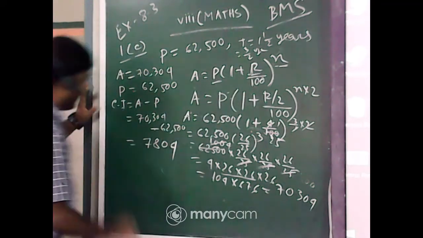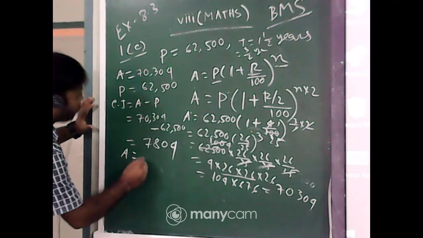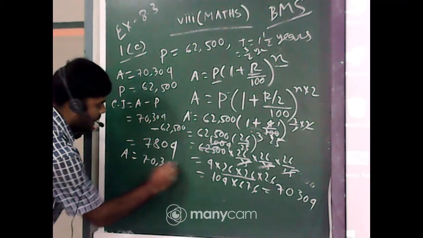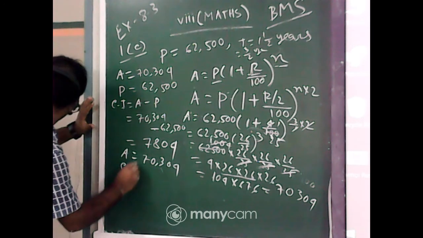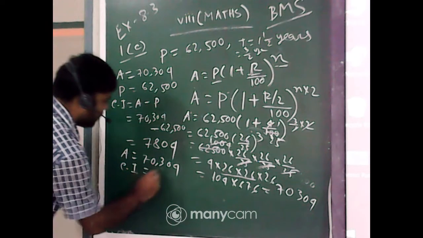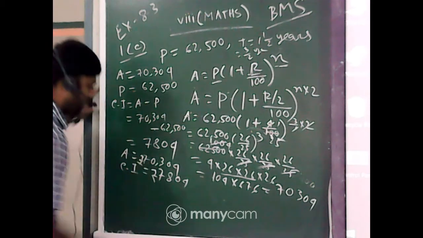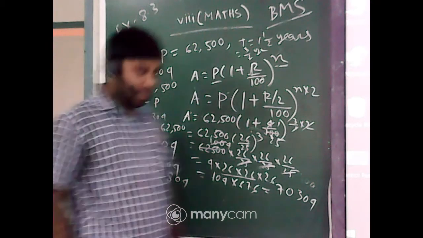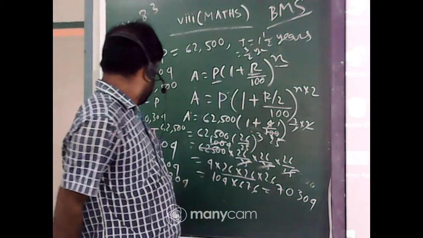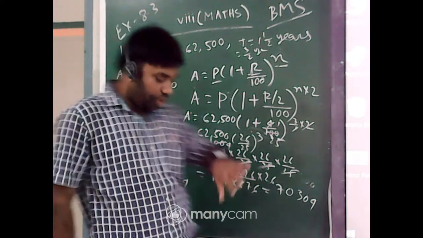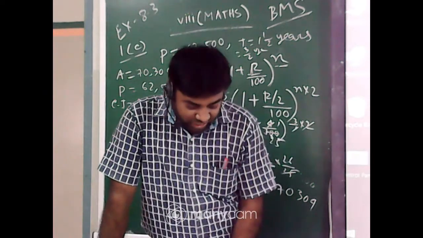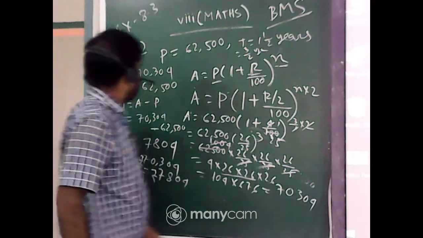So the answer is amount equal to 70,304 and compound interest is 7,804 rupees. So that is question number 1, part C.